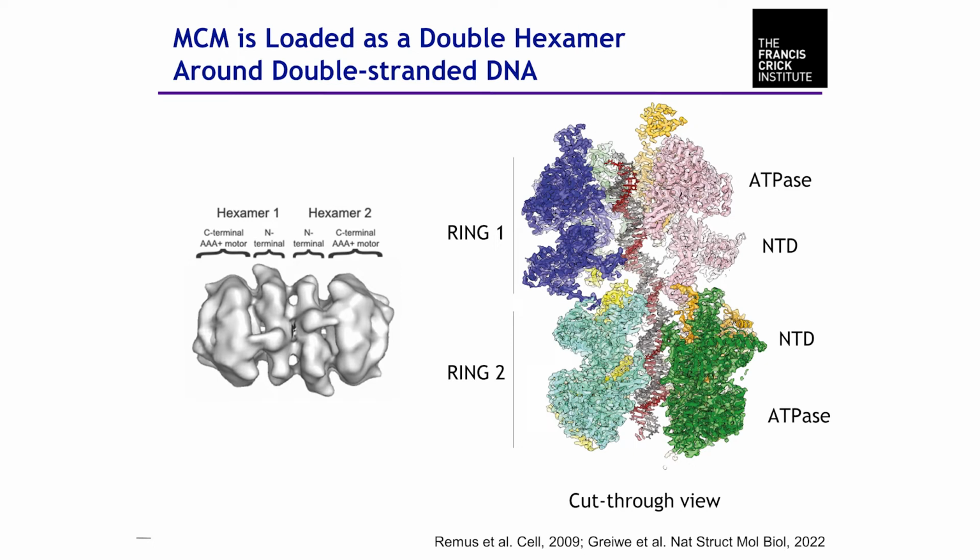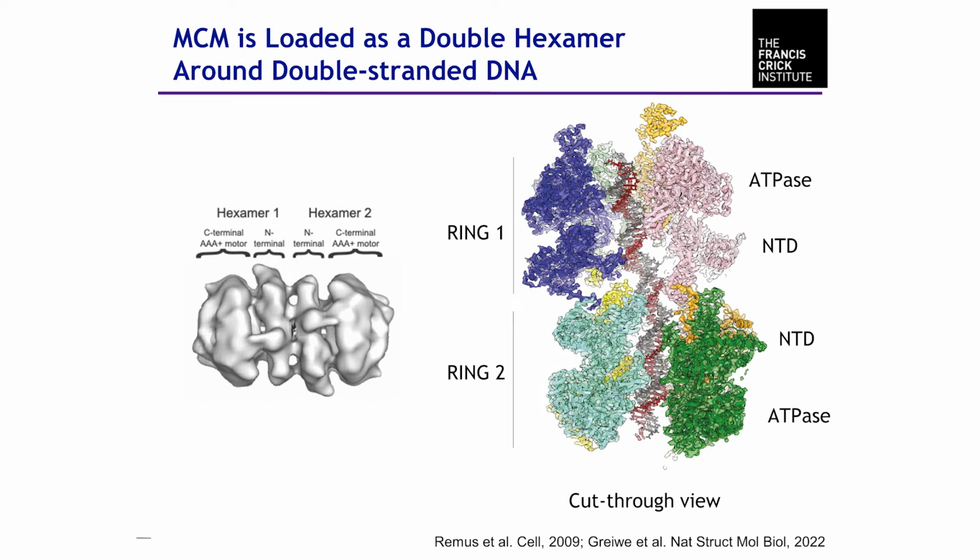So there's no single-stranded DNA in this at all. There's a bit of a bend in the DNA, but there's no single-stranded DNA. And remember what I told you at the very beginning is that helicases have to be bound around single-stranded DNA in order to work. So this is effectively a way of parking the MCM complex on DNA in an inactive form.